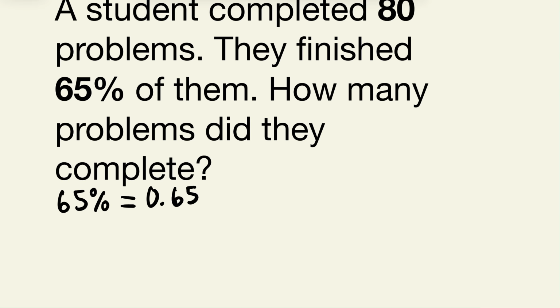And you're going to multiply 0.65 times the amount of problems the student completed, which is 80. So that equals 52. And that tells us the student completed 52 problems. Final answer.